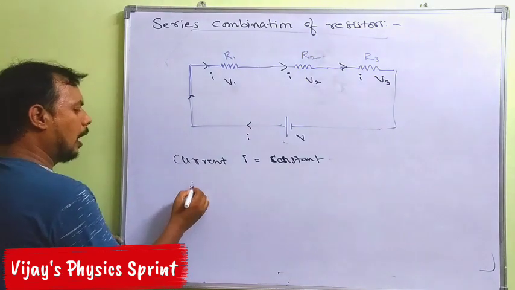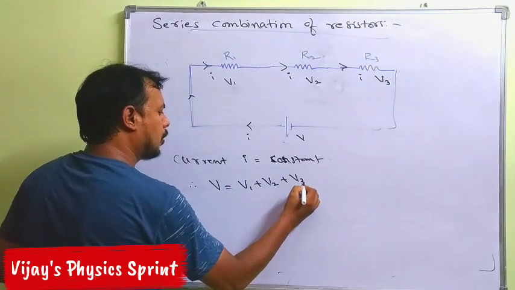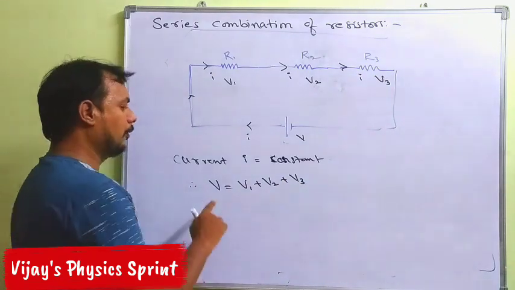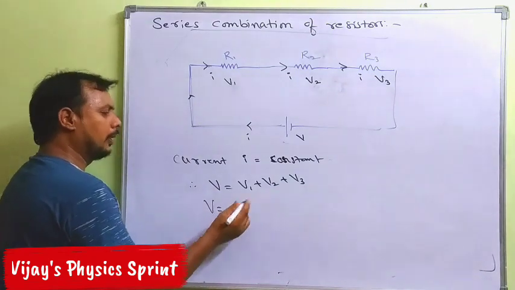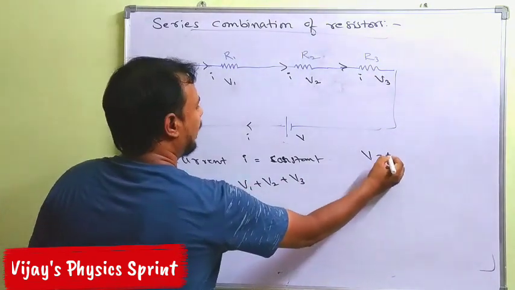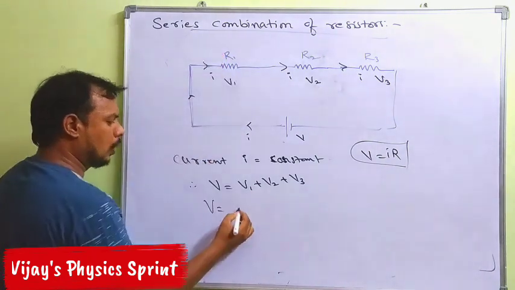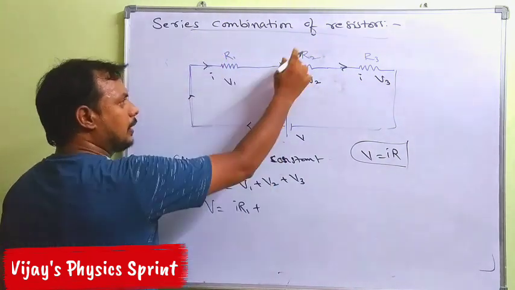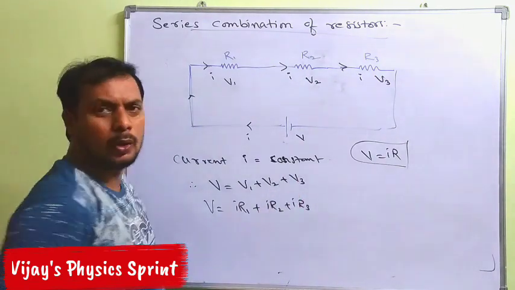Now the total applied voltage V is equal to the sum of the voltage drops across the resistors. So V equal to V1 plus V2 plus V3. According to Ohm's law, V equal to IR. So V1 is equal to I into R1, second it is I into R2, and third, I into R3.